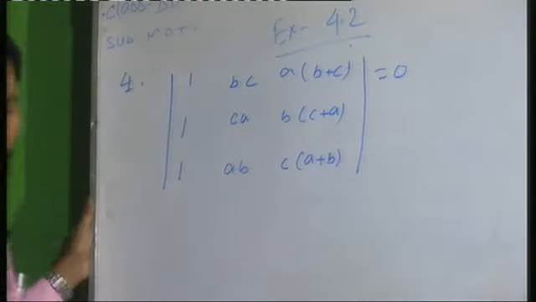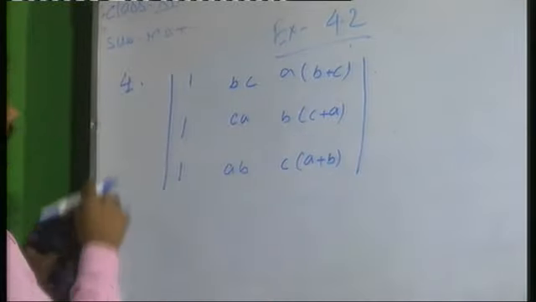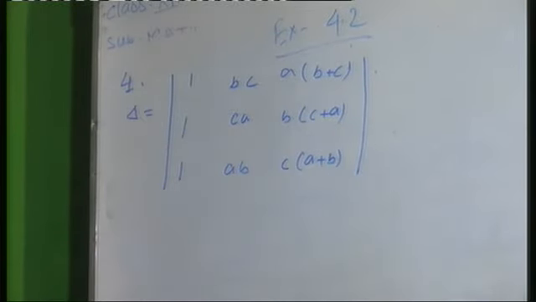We have to prove that this determinant is equal to 0. So we start with delta equal to this.